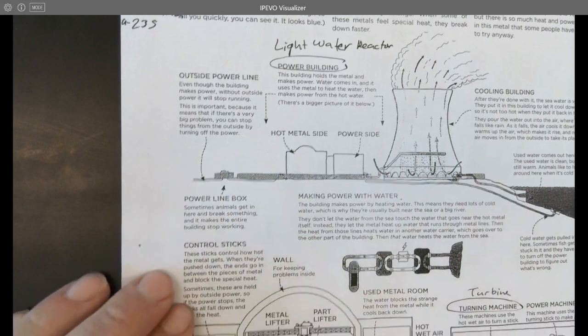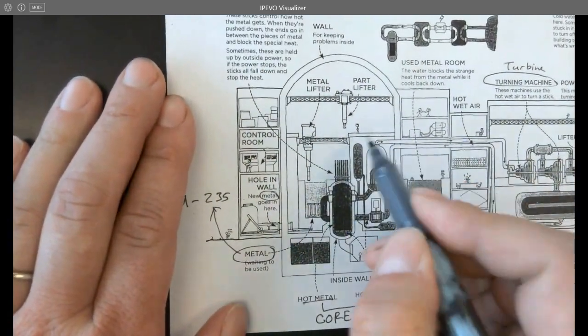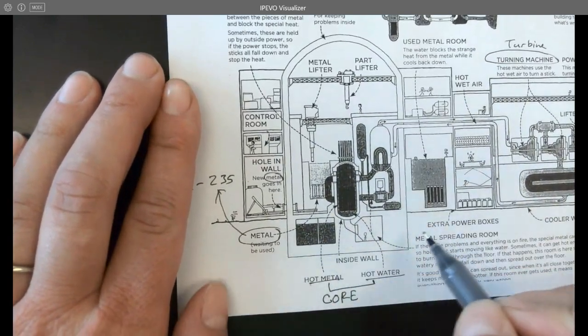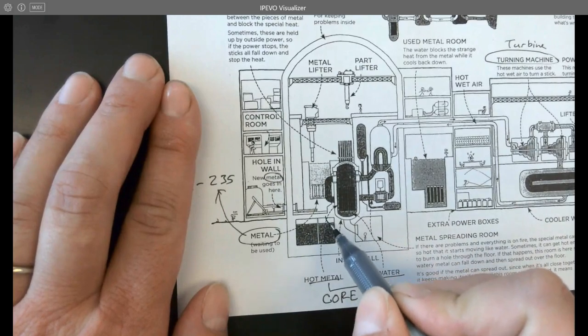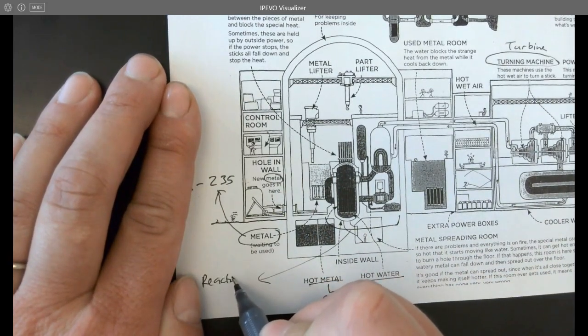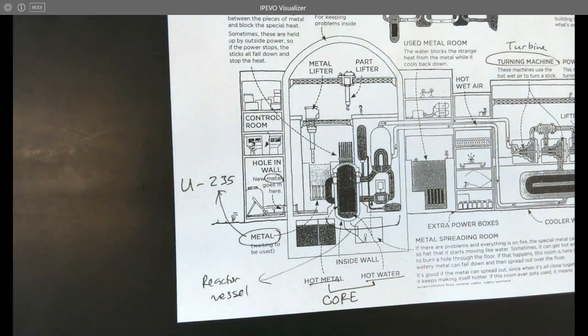And then the reactor vessel. So I guess we have our core in here, and then this thing is the reactor vessel. I don't know how you want to show that. This is our reactor vessel. Okay. All right, questions on that? We got them labeled? Okay, very good.